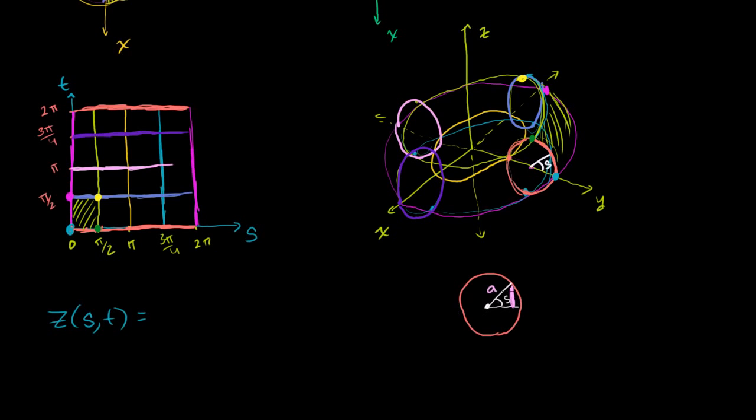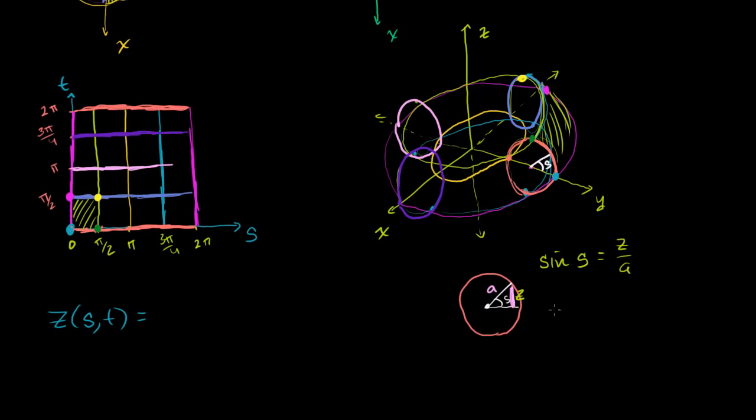We could do SOHCAHTOA and all of that, and you might want to review the videos. But if this is Z right there, you could say that the sine of S, which is opposite over hypotenuse, is equal to Z over A.